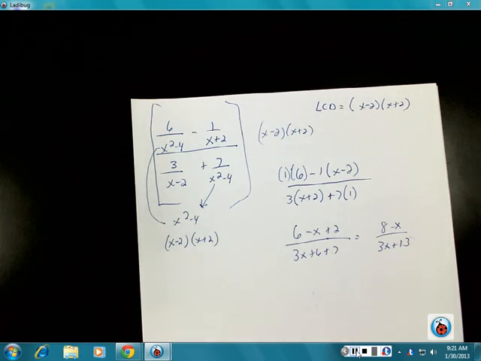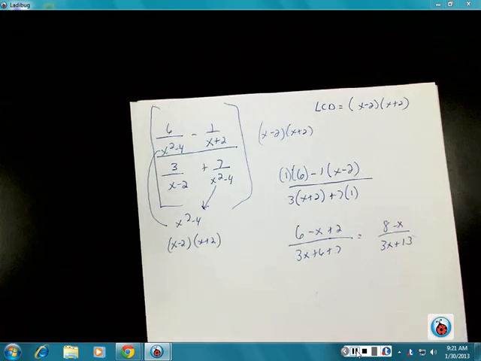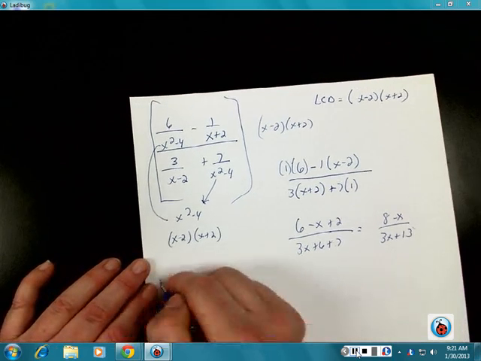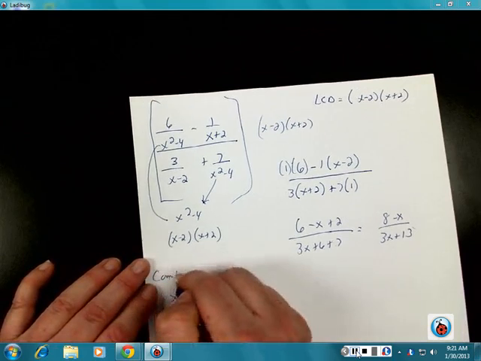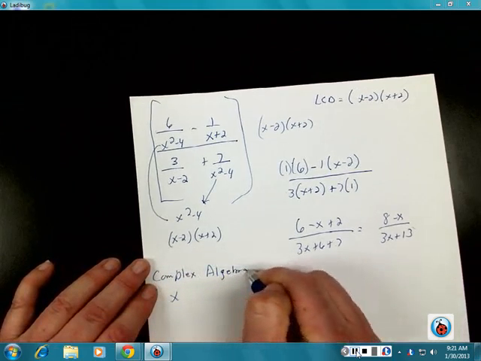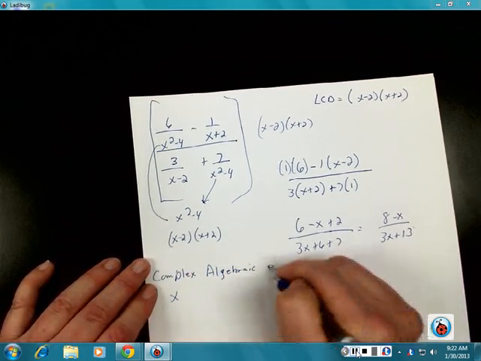Okay, good. All right. The last piece in this section is complex algebraic expressions, not complex fractions. What those involve is order of operations, because they put together complex algebraic expressions.